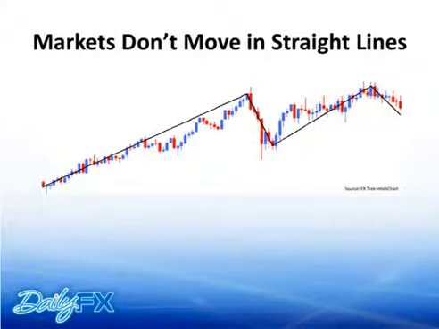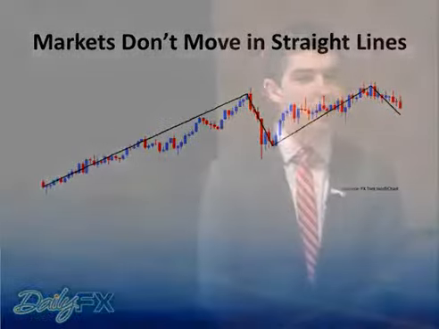And as we can see here, we have a period within an uptrend, in this case, where prices correct lower. And the trick is, obviously, to find that spot, to find where that correction is over and when the overall trend begins again.